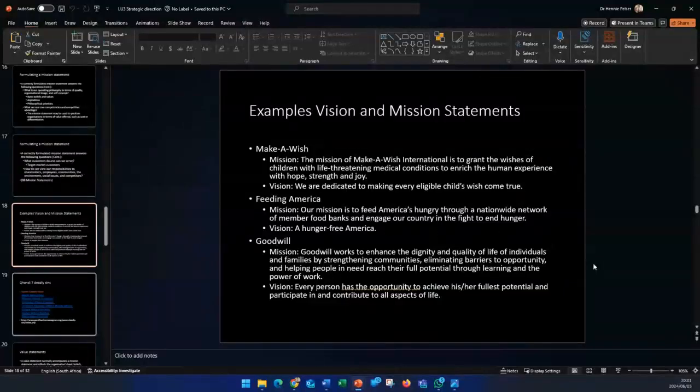Obviously, this is a non-profit, so you're not going to really see stuff about long-term profitability, etc. So each of these mission statements, our mission is to feed America, one, that's our reason for existence. In terms of how we do it, a wide network, and then, to end hunger, which is their fight for. So all we need to see is that you've addressed each of the elements.